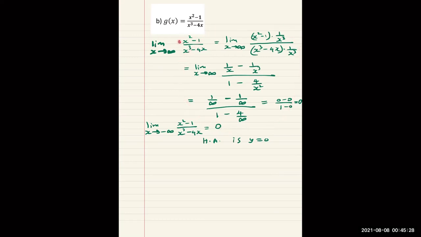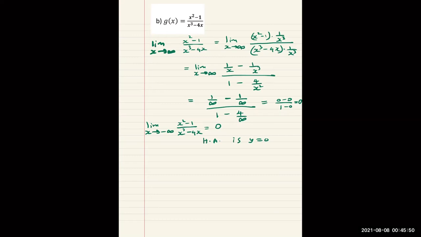If you want, you can use the horizontal asymptote theorem to get the horizontal asymptote in a matter of seconds. As you can see, the degree of the top polynomial is smaller than the degree of the bottom polynomial, so the horizontal asymptote is y equals 0. But we need to obtain that using limits.